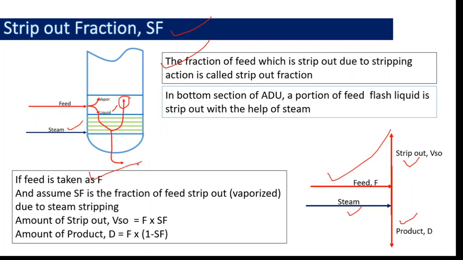Taking the feed as F and SF as the stripped out fraction, the amount of strip out vapor VSO is nothing but the feed multiplied by the strip out fraction. For example, if 40% of the feed is vaporized, the strip out fraction is 0.4. So feed multiplied by 0.4 is the amount of vapor VSO, and the amount of product, D, is 1 minus SF, multiplied by the feed. We require this calculation in the coming slides, and that's why we have given the concept of strip out fractions.